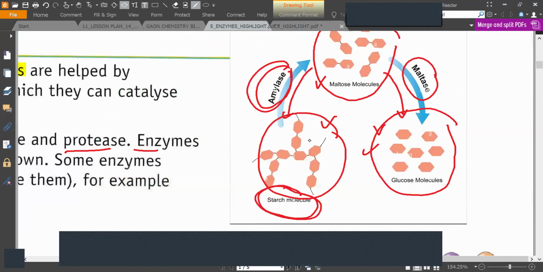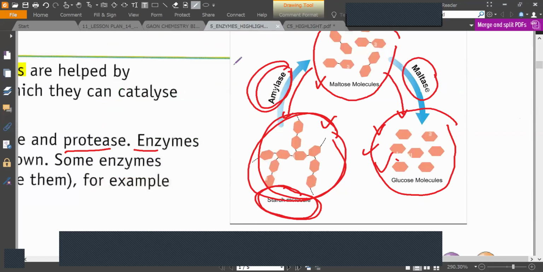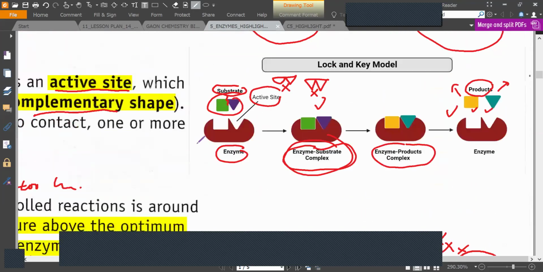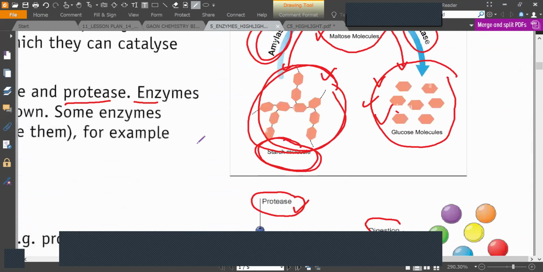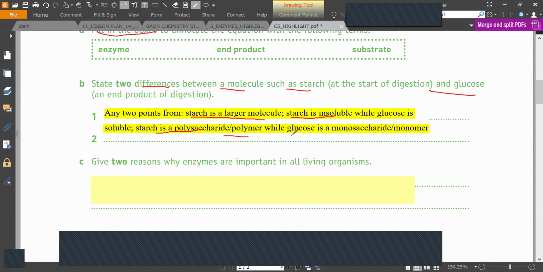Starch is very large, so it's not soluble in water, but glucose is soluble in water. Starch is a polysaccharide polymer, as we mentioned in the biological molecules, and glucose is a monosaccharide monomer.